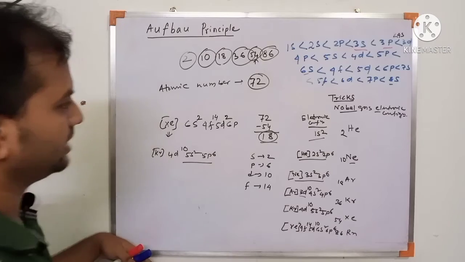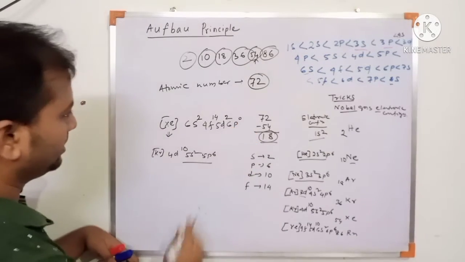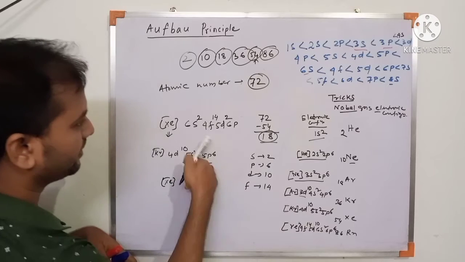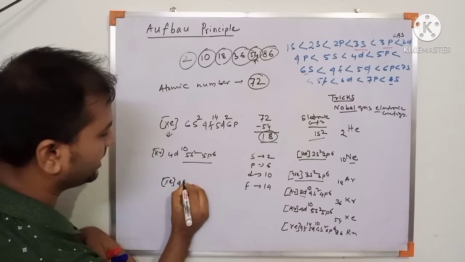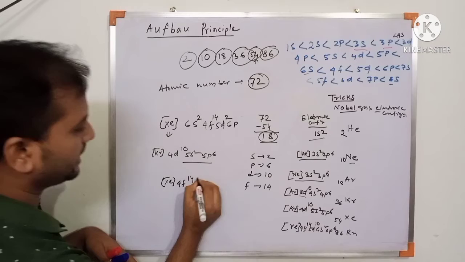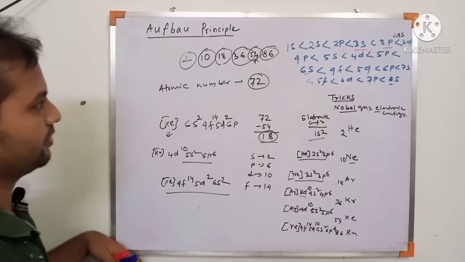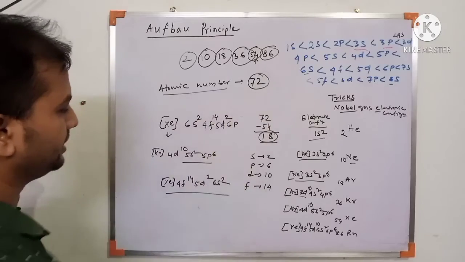So this is xenon, 4f14, then 5d2 and 6s2. This is the electronic configuration of atomic number 72.